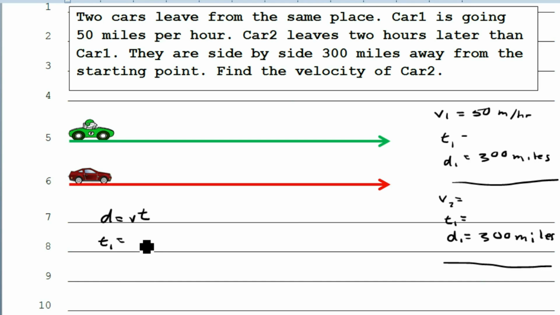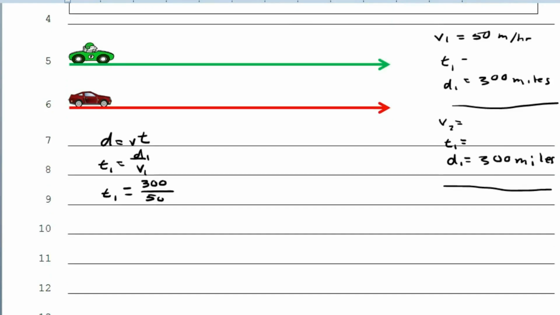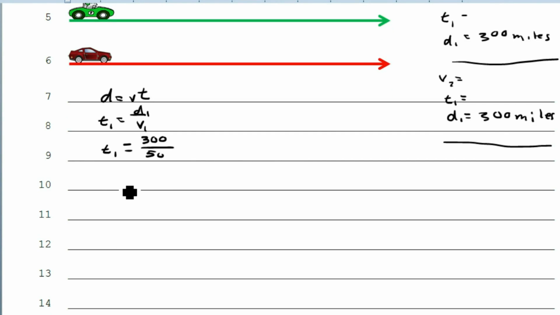T1 will be D divided by V1, 300 miles divided by 50 miles an hour. So T1 equals 6 hours.